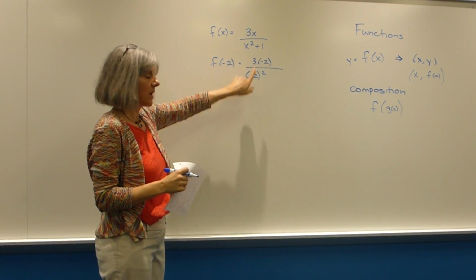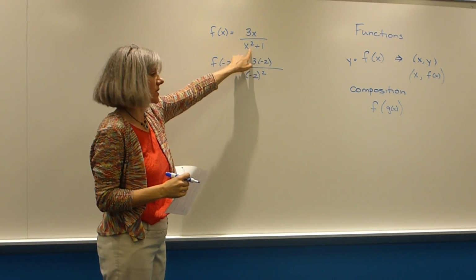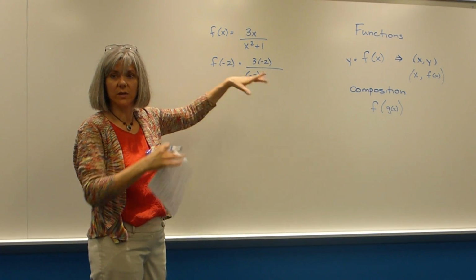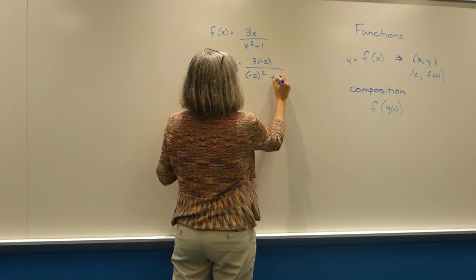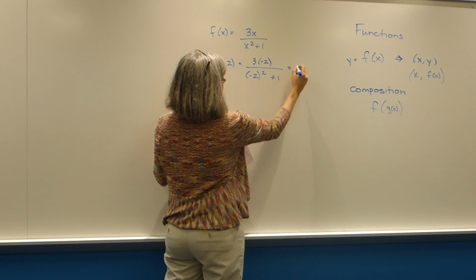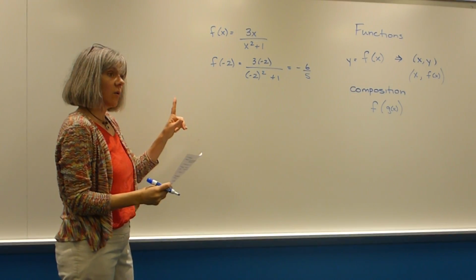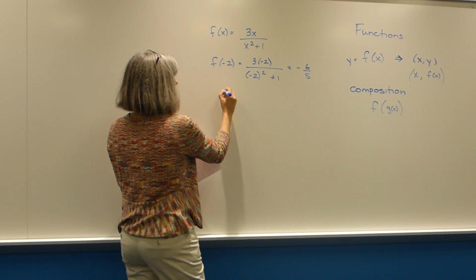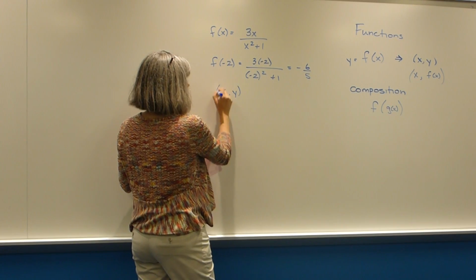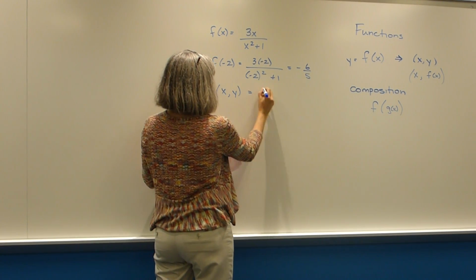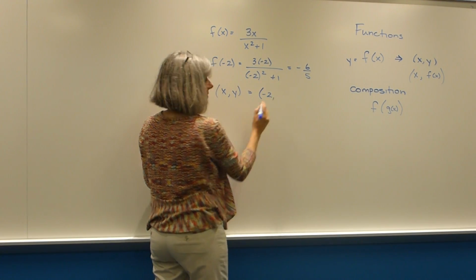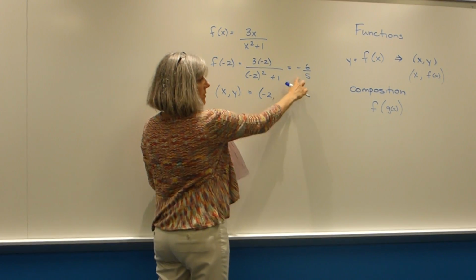Whatever I had the x, I put in the negative 2. Since the x was squared, the whole negative 2 was squared, so I need the parentheses. So negative 6 over 5. If I wanted to write an xy pair, my xy pair would be negative 2 as my input, and y would be my output.